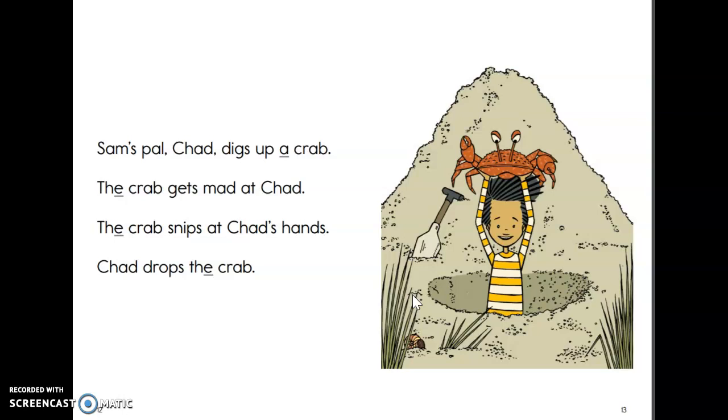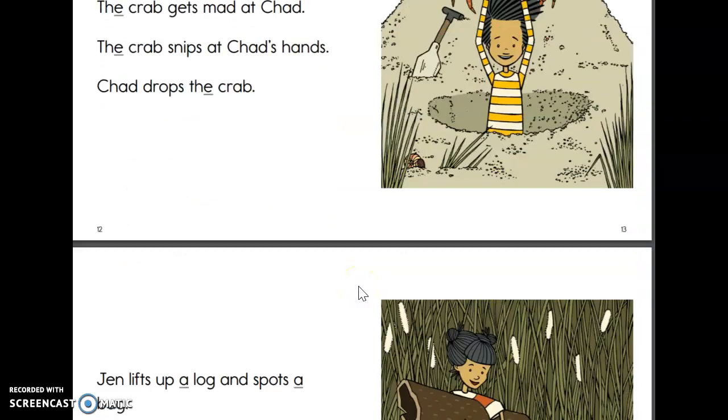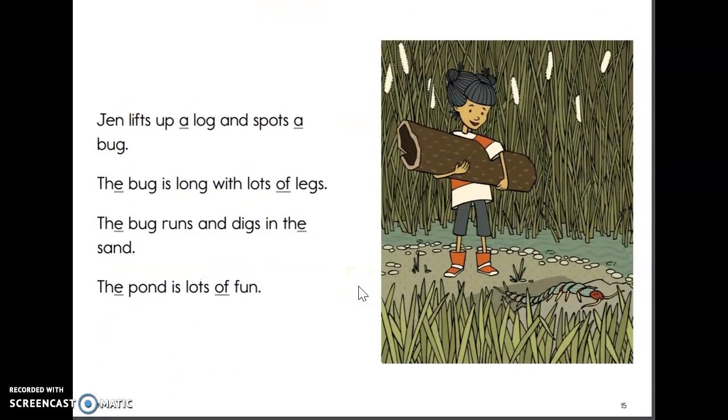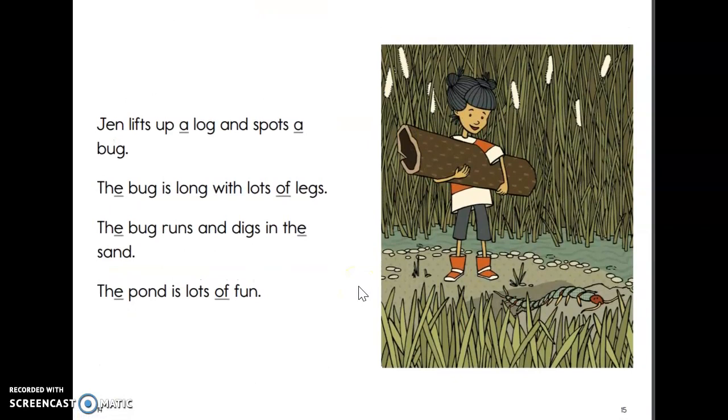If you need more time on this page, press pause. If not, we will move on. If you need more time with this page, you may press pause. If not, let's move on.